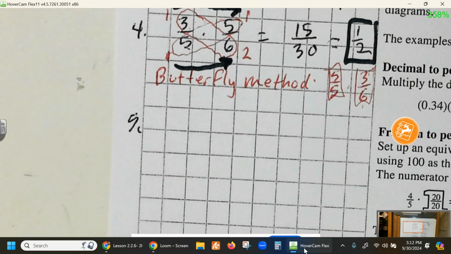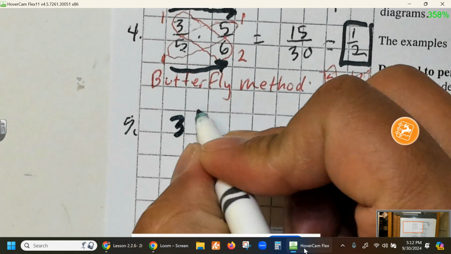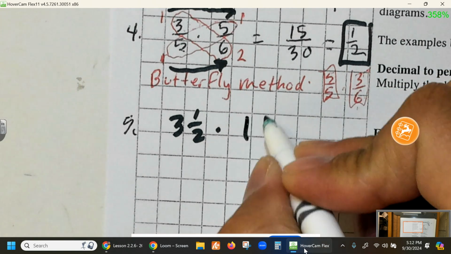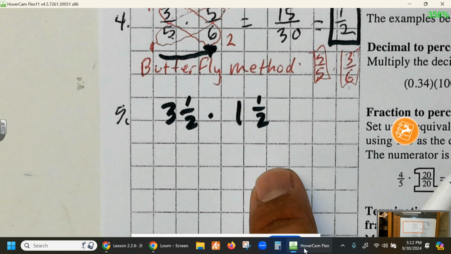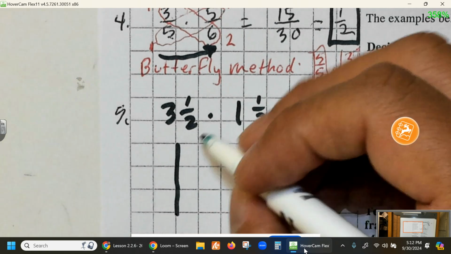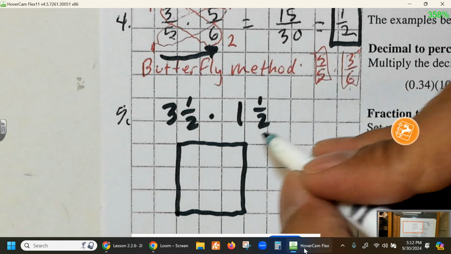All right, so let's set this up. I have 3 1/2, and we're multiplying it by 1 1/2. Using the area model, let's break this up into 2 parts.